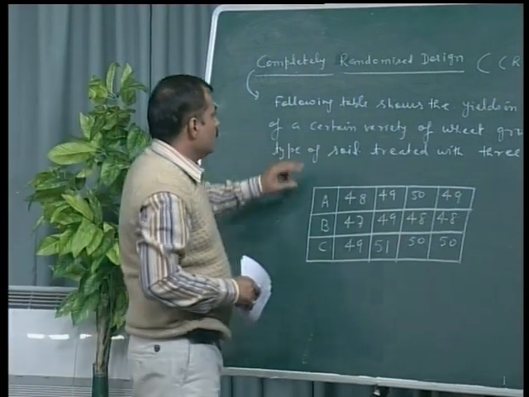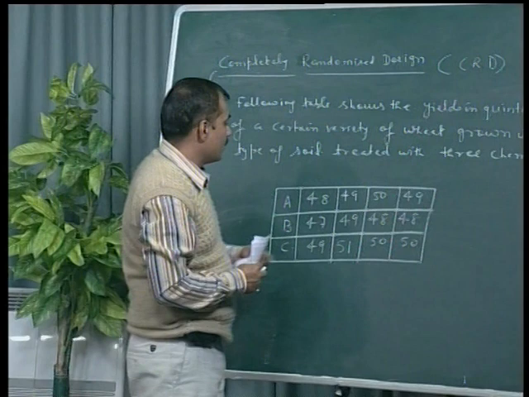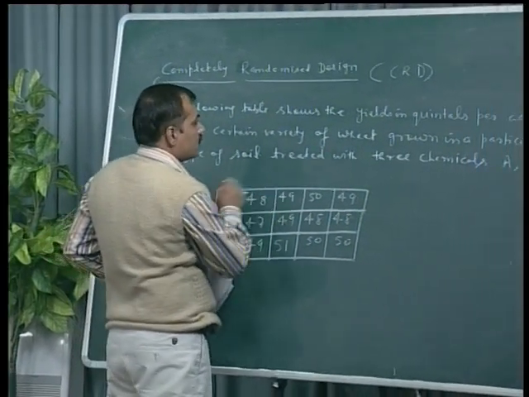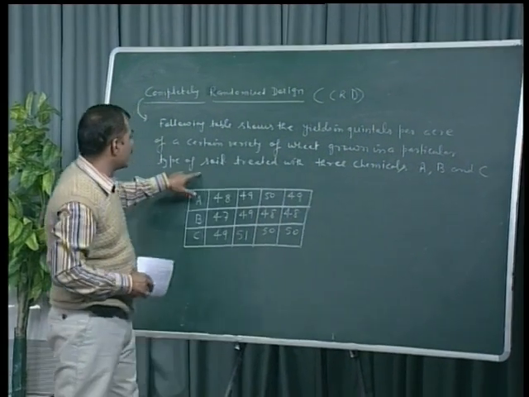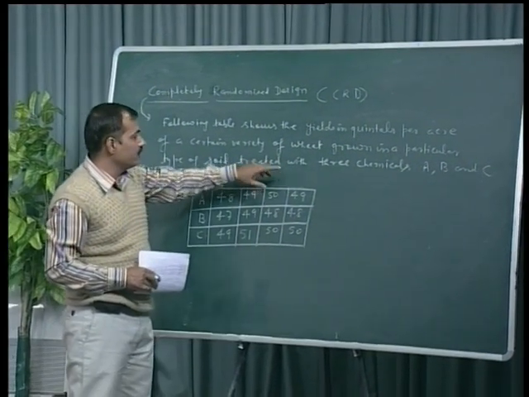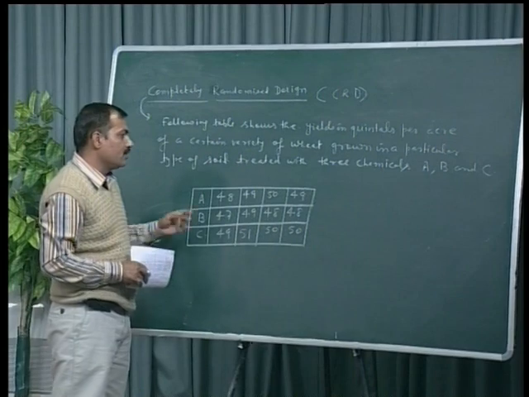Now, the following table shows the yields in quintals per acre of a certain variety of wheat grown in a particular type of soil treated with 3 chemicals, A, B and C.